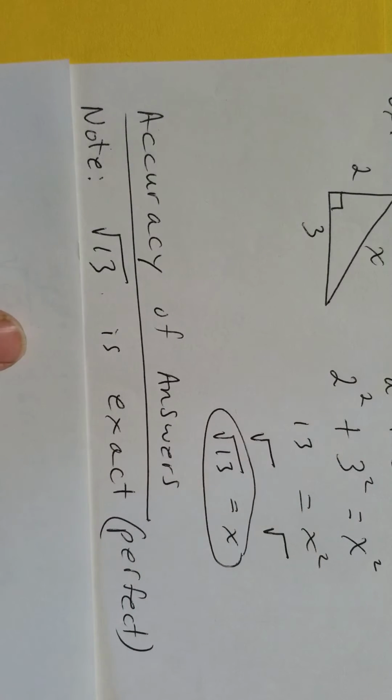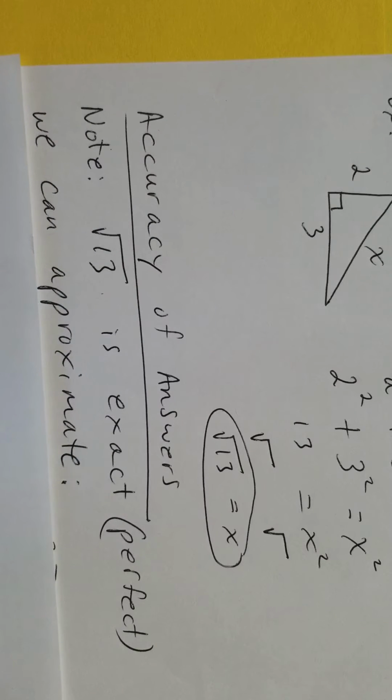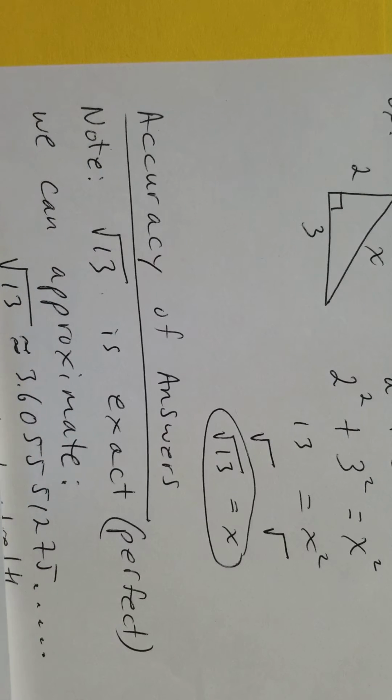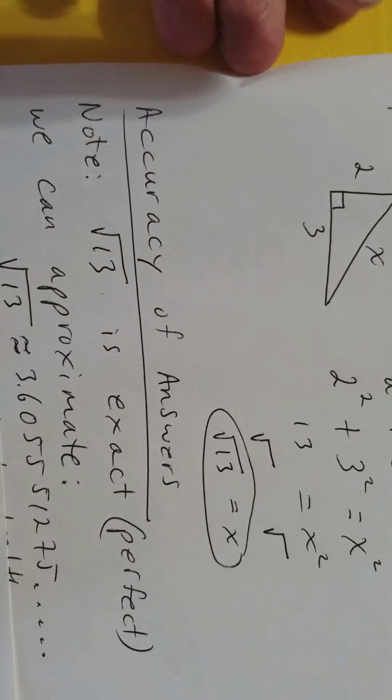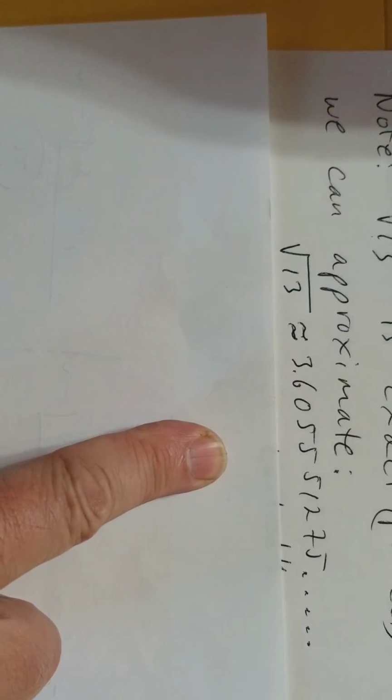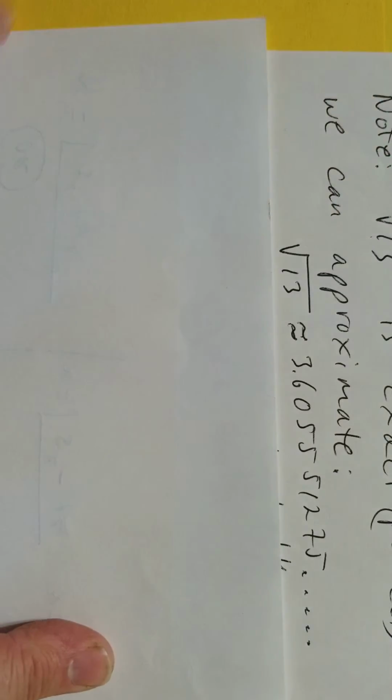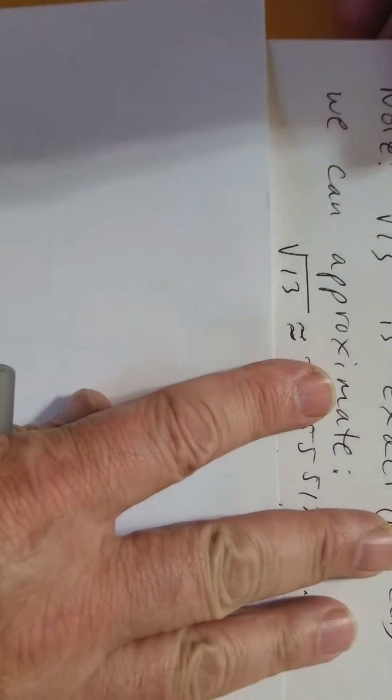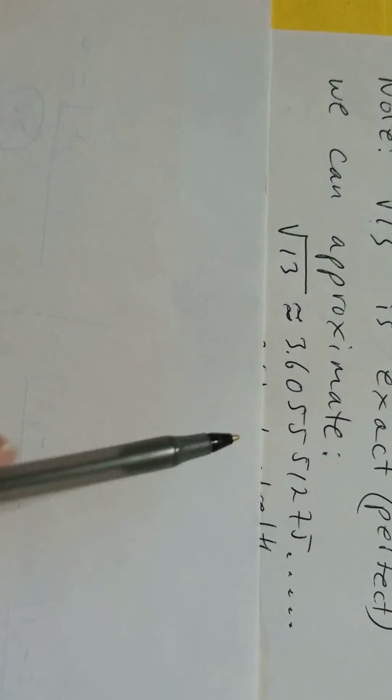But if somebody wants an idea of how much that is, we can approximate. We can't give the exact value in decimal. If you hit the calculator, it will keep going forever. That's why they call it irrational, by the way, but that's another story.